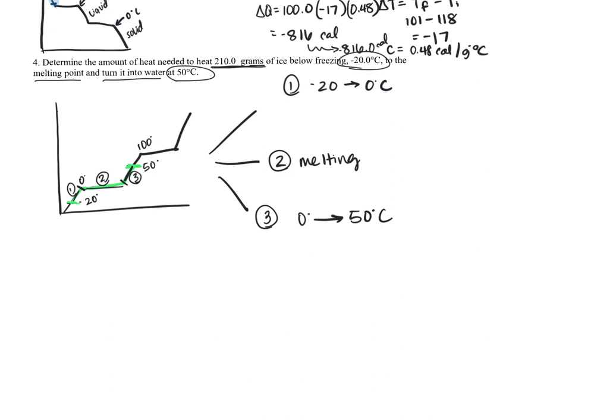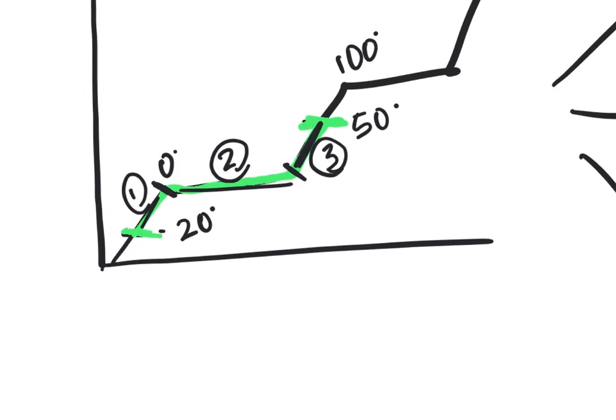So for the first one, we have a temperature change. So our equation is m times delta T times C. My delta T here is going to be 20, and my delta T at the bottom here is going to be 50. So our mass is 210 grams times 20. And if we look at where I'm at in this first portion of the graph, this is ice, so that's going to be solid, right?